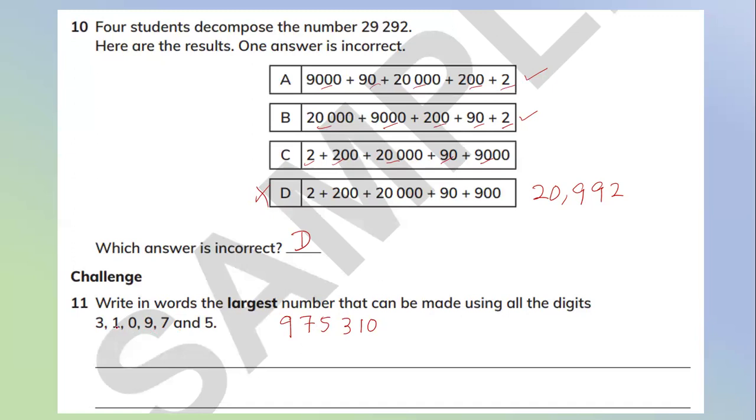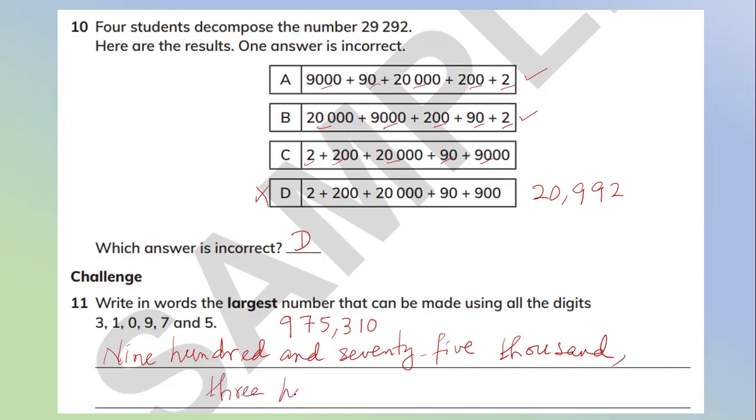There are 6 digits. 9, 7, 5, 3, 1, 0. Okay, 975,310.